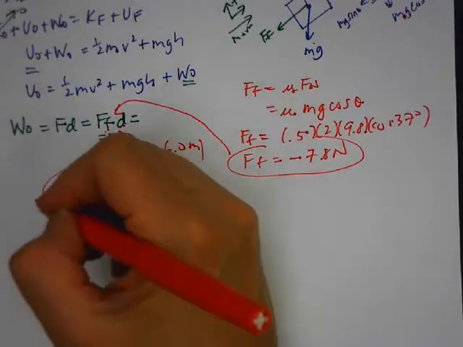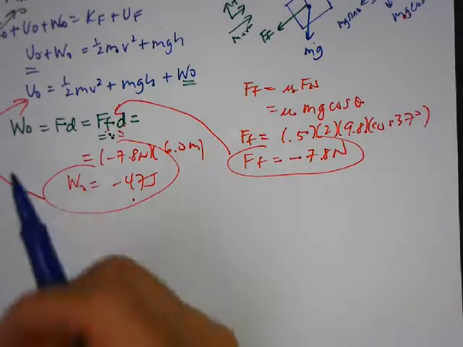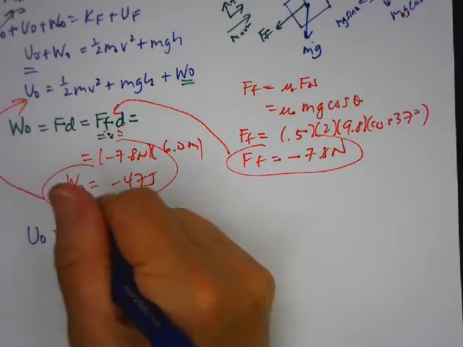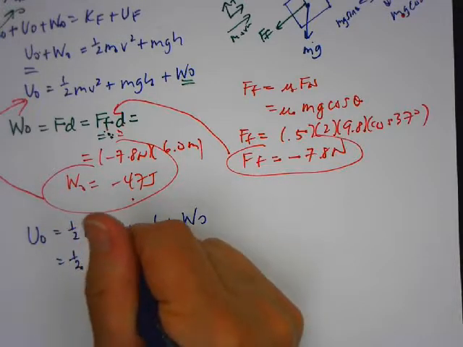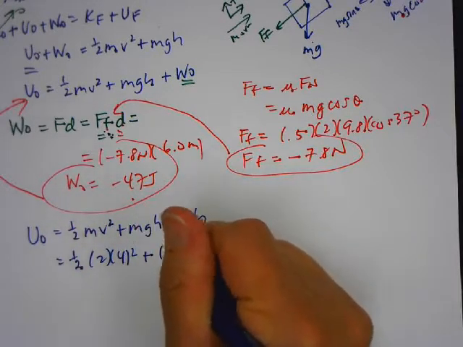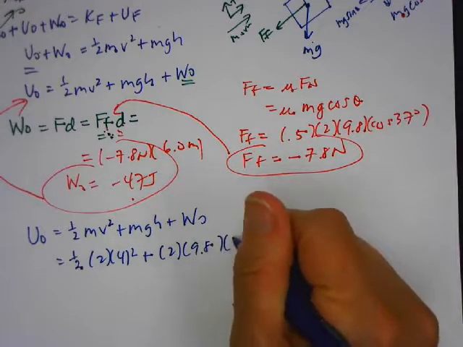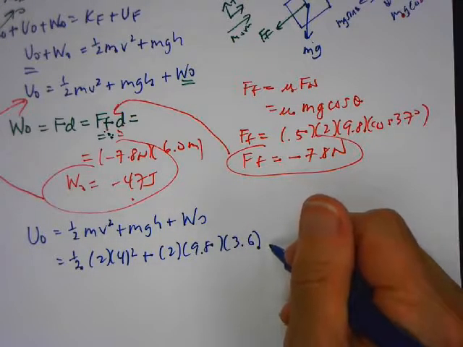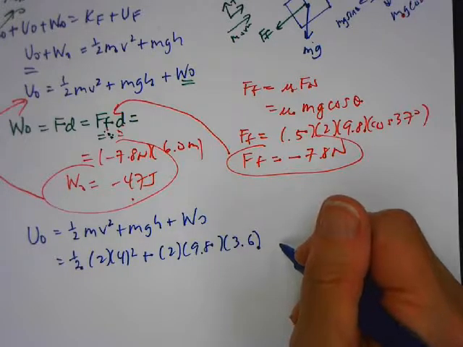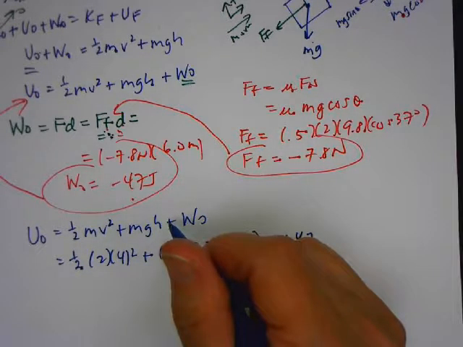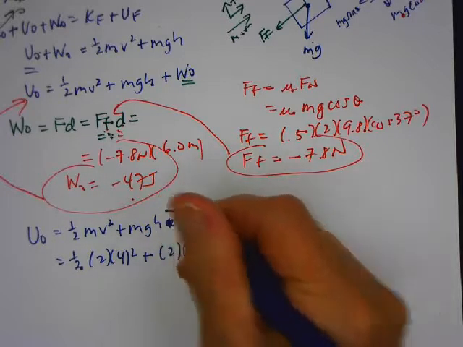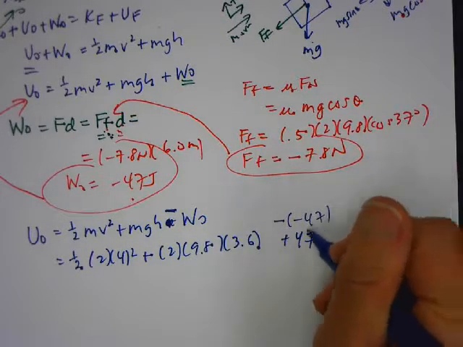Then, once I get that, I just put it all in here and I'm done. So 1/2 mv squared plus mgh plus W naught. So it's 1/2 of 2 times 4 squared plus 2 times 9.8 times 3.6 plus the 47, because this is negative, so the negative times the negative 47 comes out plus.